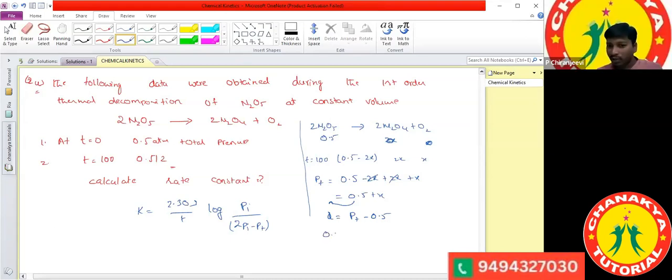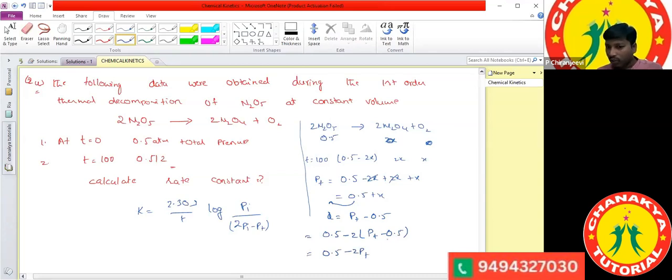So then what is the formula? 0.5 minus 2 into Pt. Okay, the x value is right here: Pt minus 0.5. Now if we simplify that, how much will we get? 0.5 minus 2 into 2 Pt.